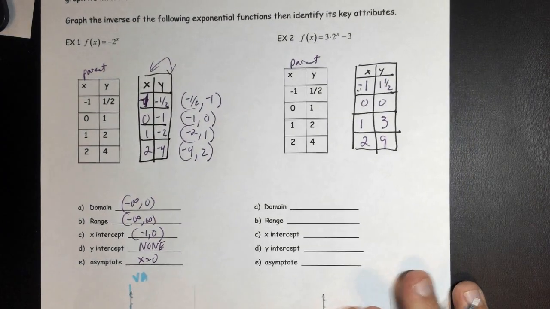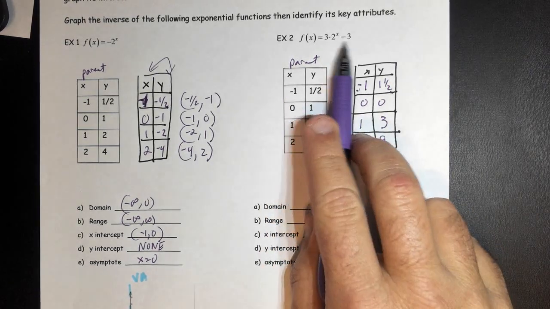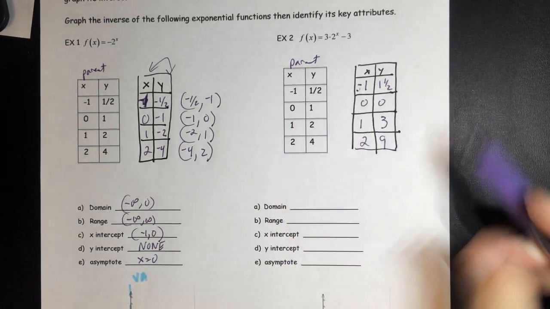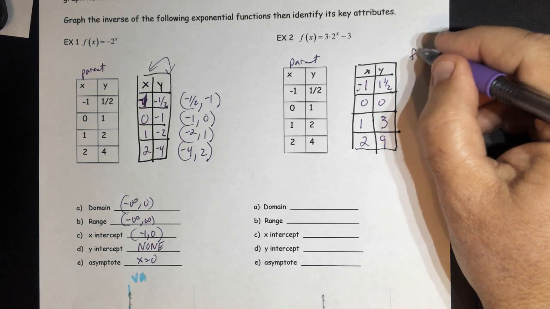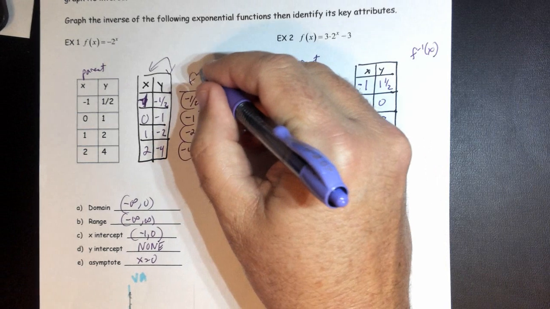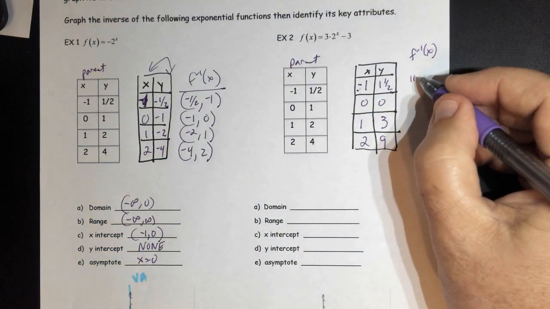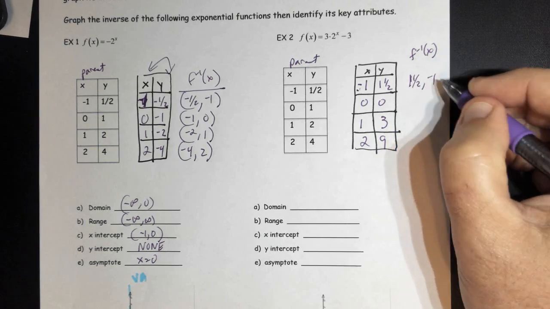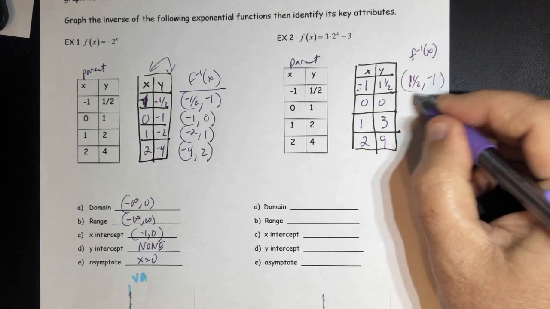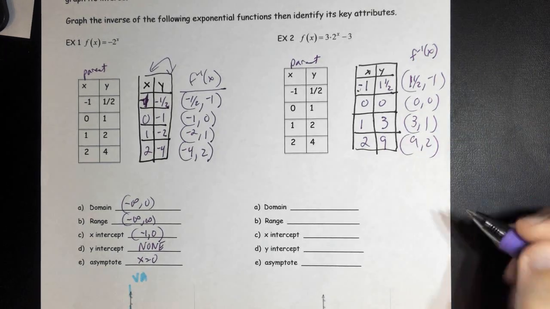So now let's look at this one. Here are my parent points. These were my transformations. Now I want to do my inverse. These would now be my inverse function: (1 and 1/2, -1), (0, 0), (3, 1), and (9, 2).